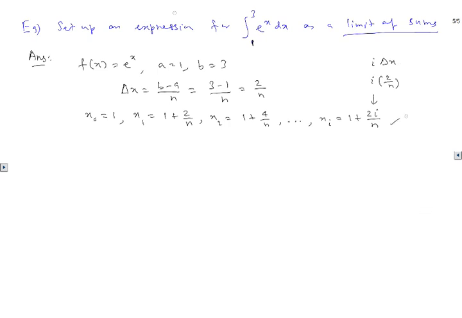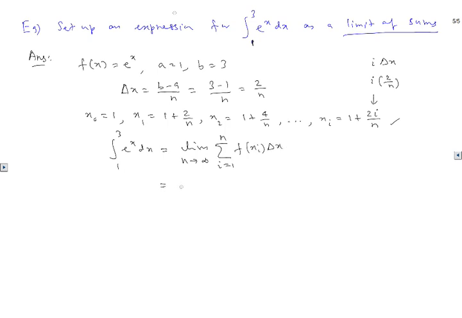Now let's write. The integral from 1 to 3 of e^x dx is the limit as n goes to infinity of the sum with i going from 1 to n, this is always the case, of f(xi) delta x. I think we have everything we need.